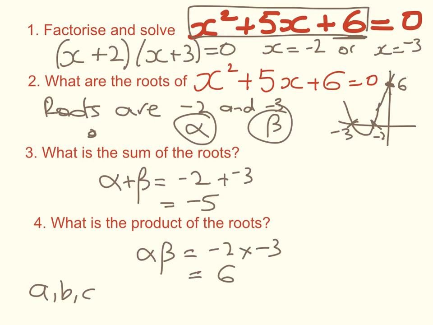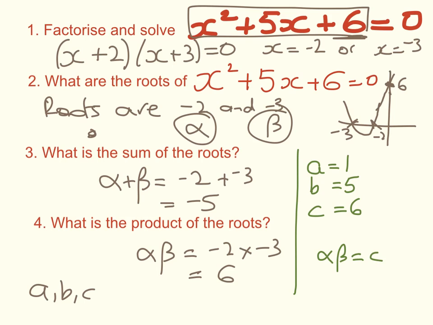Now let's take a look at that initial equation. What did we have? Well, we've got A equals 1, B equals 5, and C equals 6. So it looks like for this example anyway, we've got alpha times beta equals C, and alpha plus beta is equal to -B.